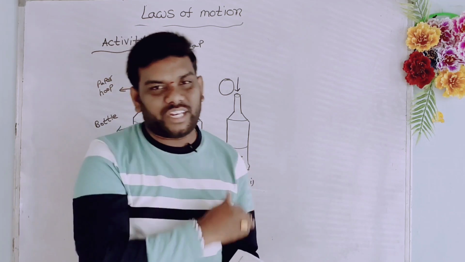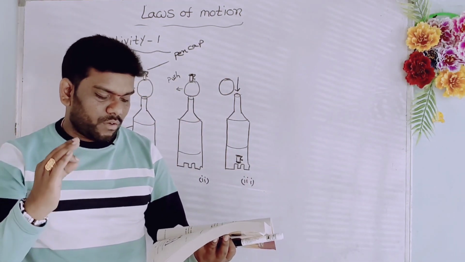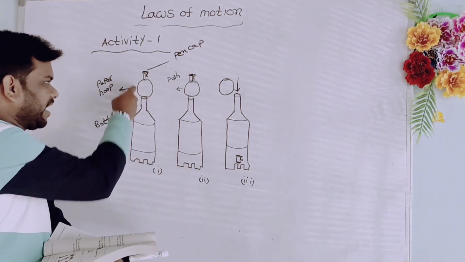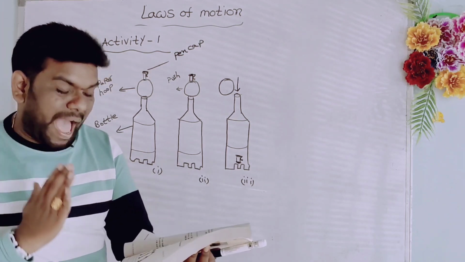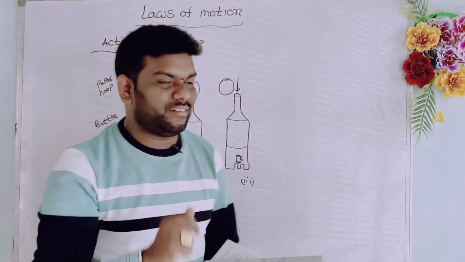Now let us see in your textbook what the activity is. Make a circular ring from a thick paper. Balance the ring on the center of the mouth of a bottle.